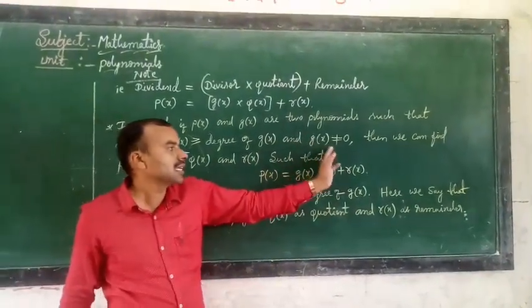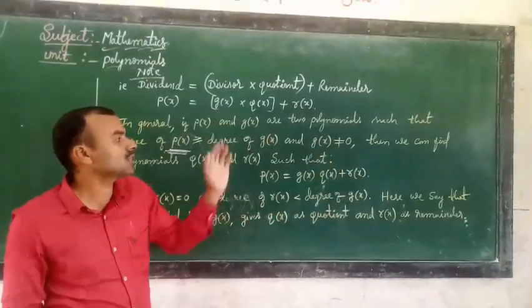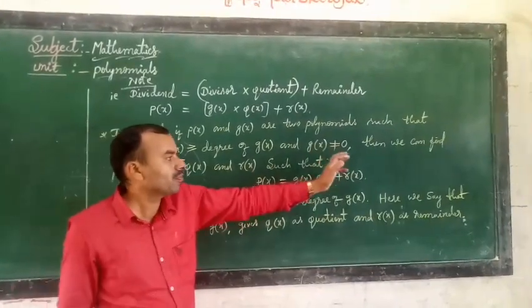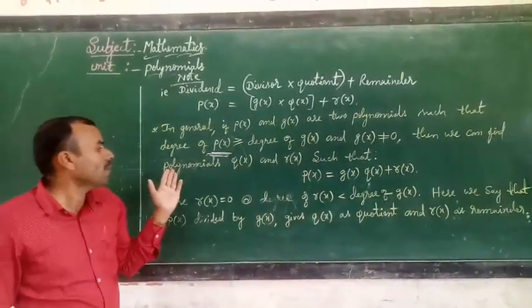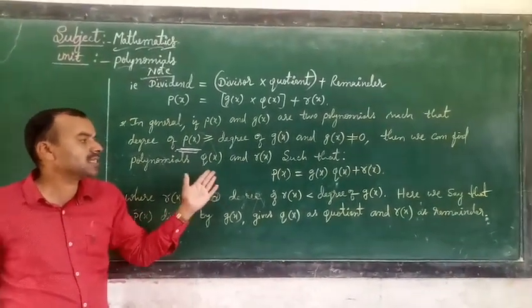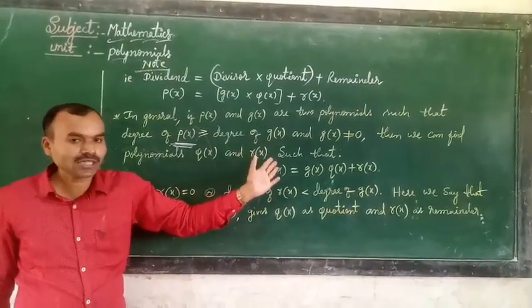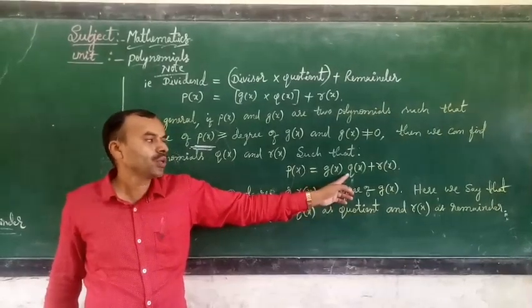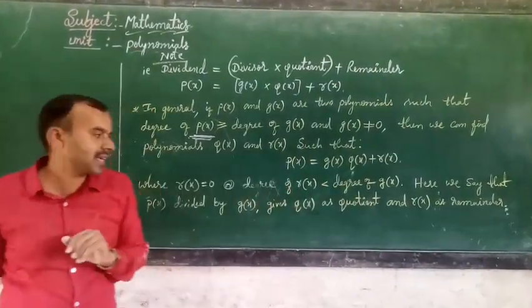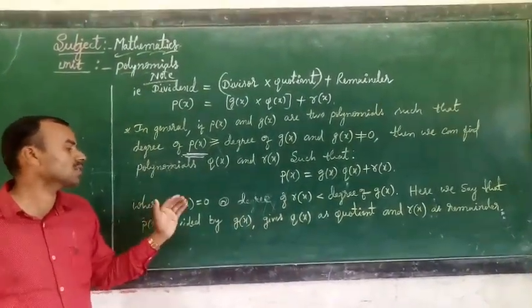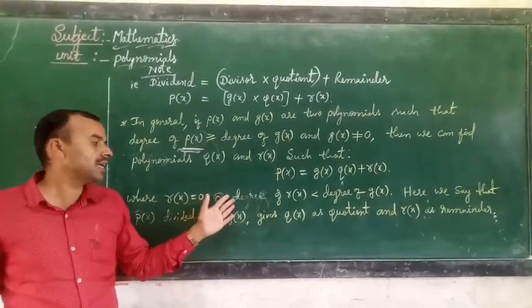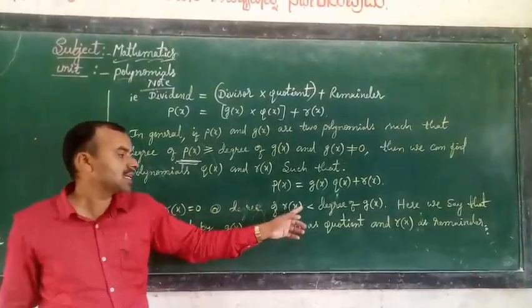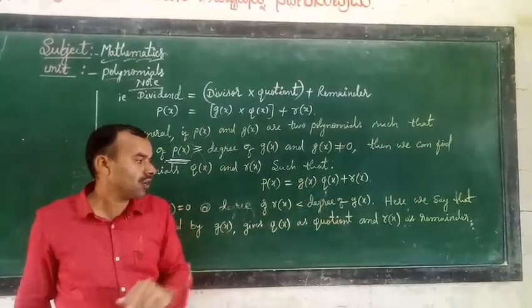And g of x is not equal to 0; the divisor should not be 0. Then we can find polynomials q of x and r of x such that p of x equals g of x into q of x plus r of x, where r of x is equal to 0 or the degree of r of x is less than the degree of g of x.